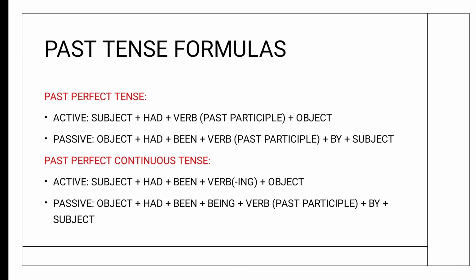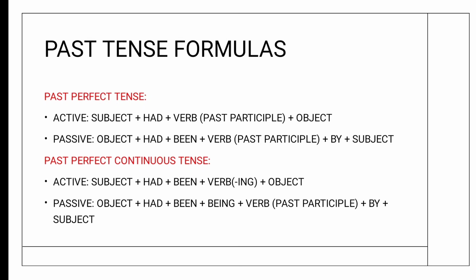To convert it into passive voice, the object comes into the subject place plus had been will become had been only. Whatever the subject, it will be had been: I had, you had, they had, she had, he had, it had, and any singular or plural subject, it will become had been only. It will be the same had been.